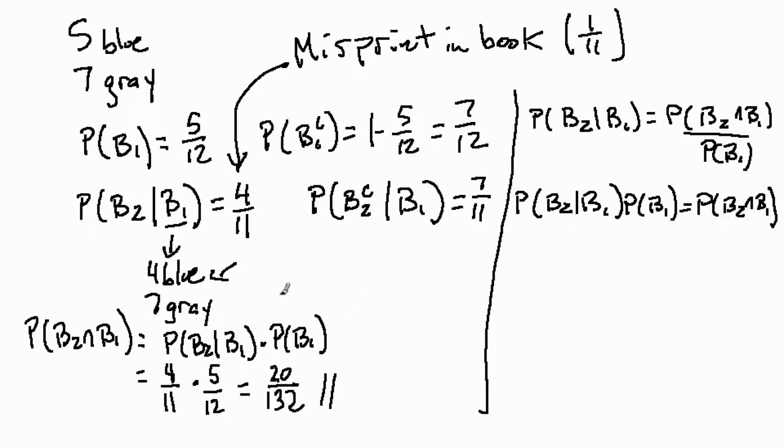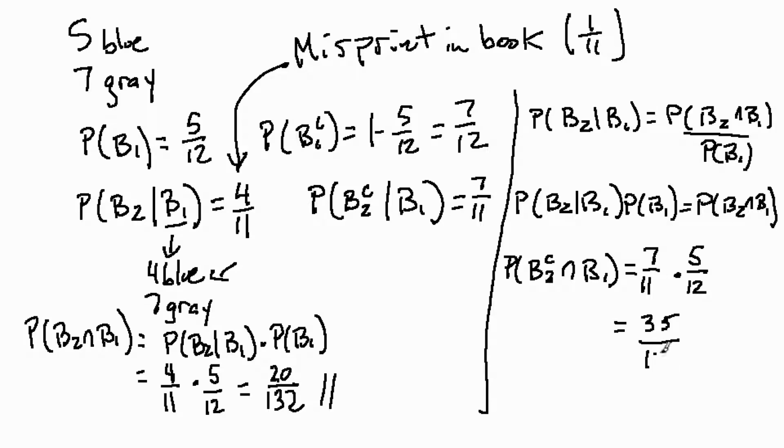Likewise, if I wanted to calculate what is the probability of B2 complement intersection B1, we could calculate that too. Well, that's just going to be equal to the probability of B2 complement given B1, that's 7 over 11, times the probability of B1, that's 5 over 12, and that's equal to 35 over 132.